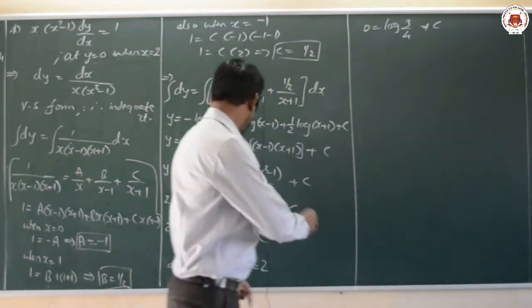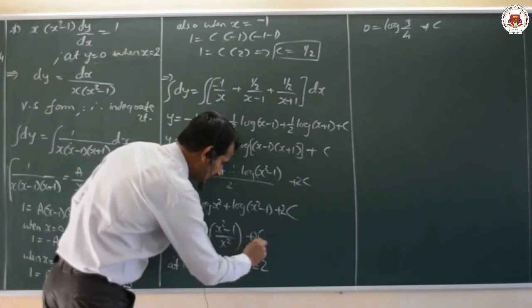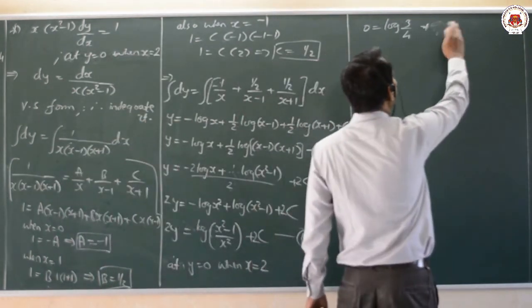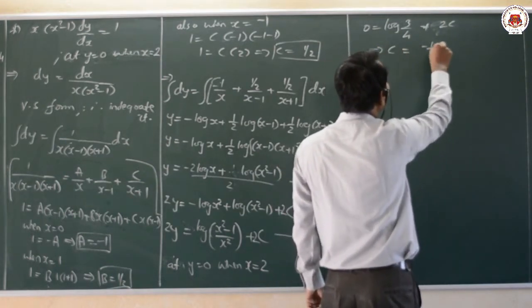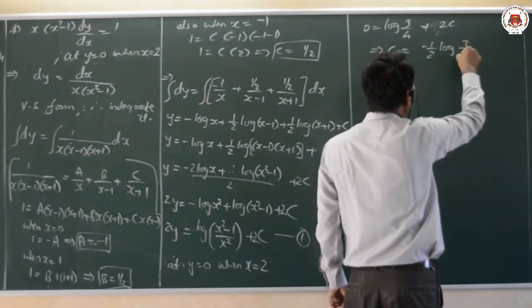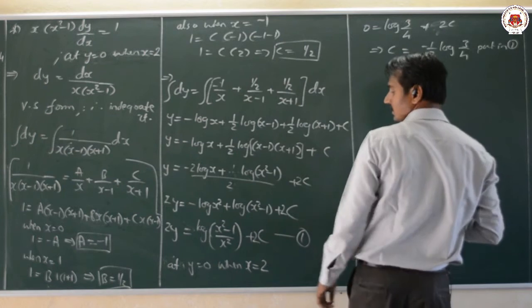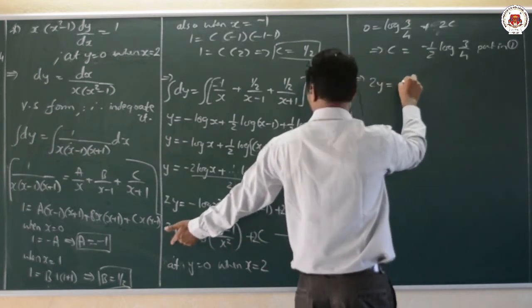So now here if we are taking LCM here also it becomes 2 here, without general c you can take here 2c and you can take it as equation number 1 here. So what we get here? That is 2c. That implies here c value equal to minus 1 by 2 log of 3 by 4. Put in 1. If I put it in 1, so what we get here? That implies 2y is equal to, what we get here?